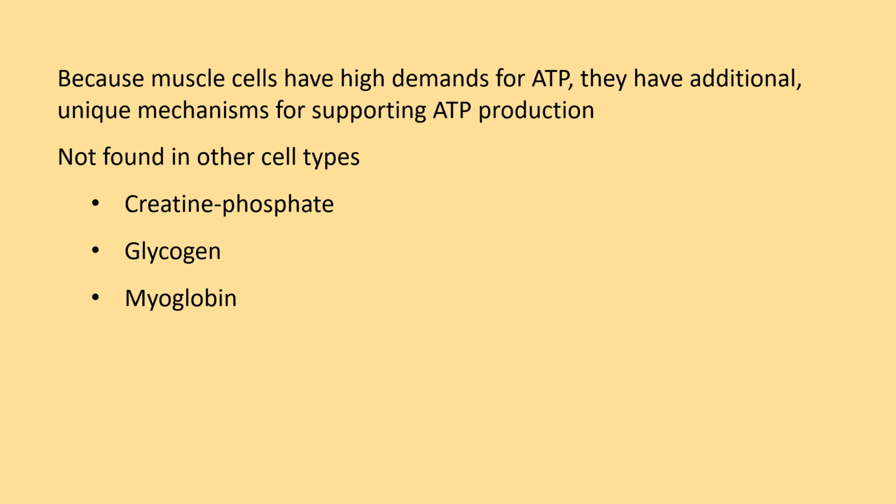Another one of those ingredients required to make ATP is glucose, and muscle cells can stockpile glucose in the form of glycogen. And then a third ingredient that's required to make ATP is oxygen, right? That's going to feed into oxidative phosphorylation. And so a red pigment called myoglobin is a muscle cell's way of temporarily storing or stockpiling oxygen.